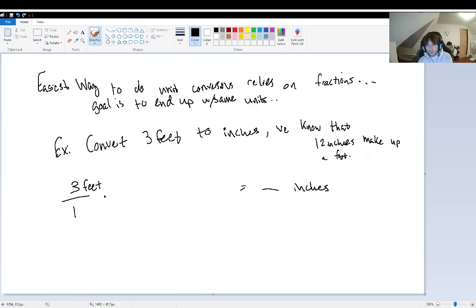So you can write this as 12 inches per 1 foot. I need to cancel out my feet. So the top, or the numerator, is going to cancel with the denominator, so I know I need to have feet in the bottom. 1 foot is going to give me 12 inches.